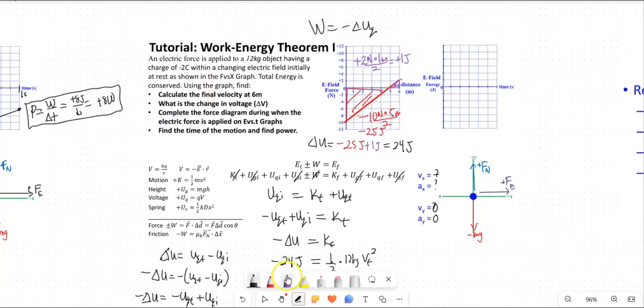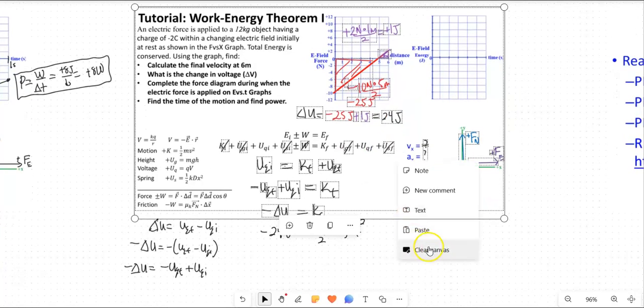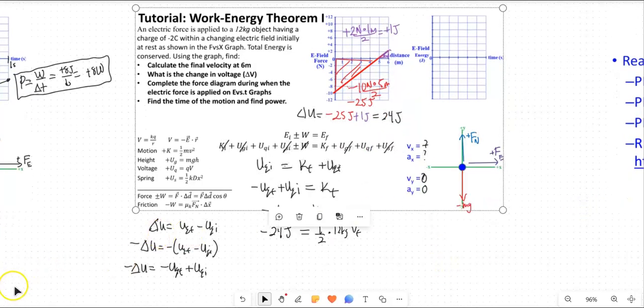Yeah, you'll see in a second. We'll calculate this, and I was just making it overly complicated.